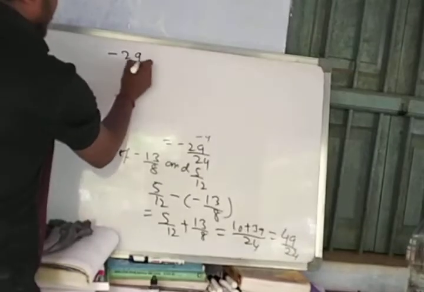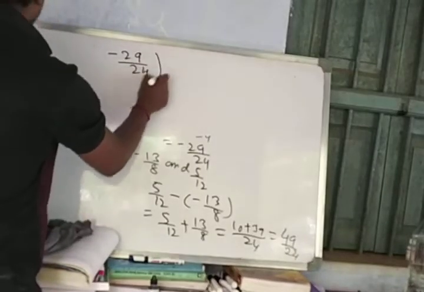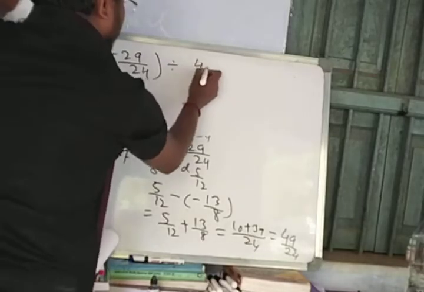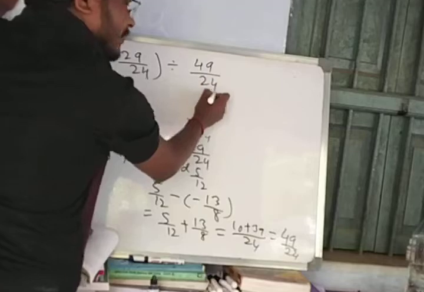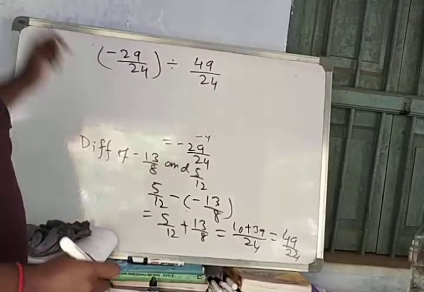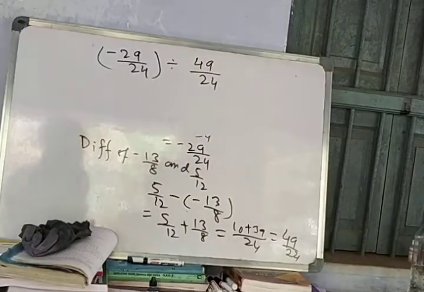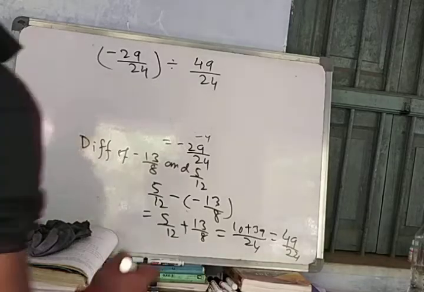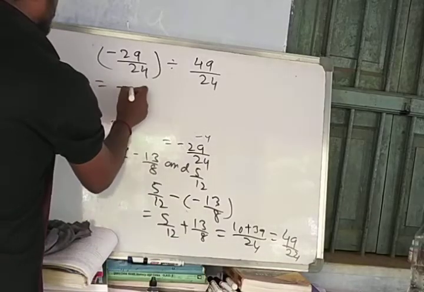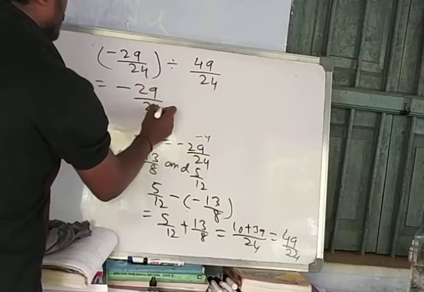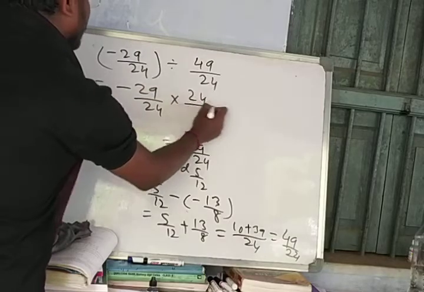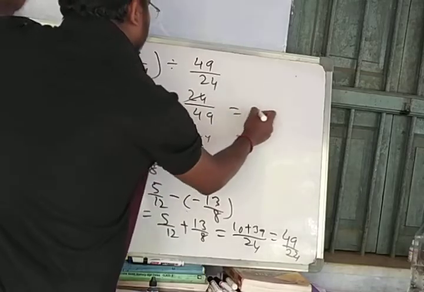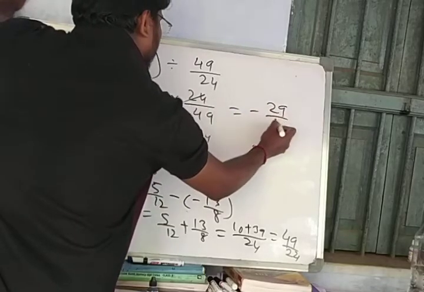Minus 29 by 24 will be divided by 49 by 24. Then it will come minus 29 by 24 into 24 by 49. Just cut it. It is nothing, just minus 29 by 49.